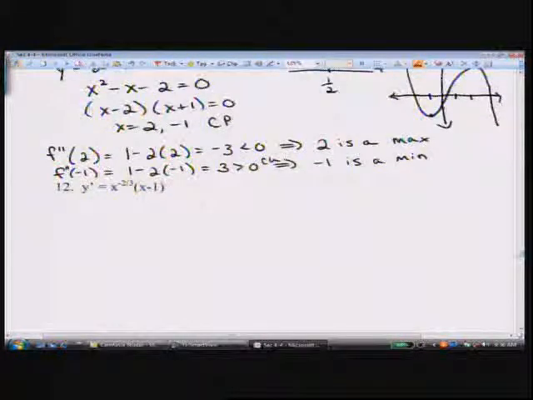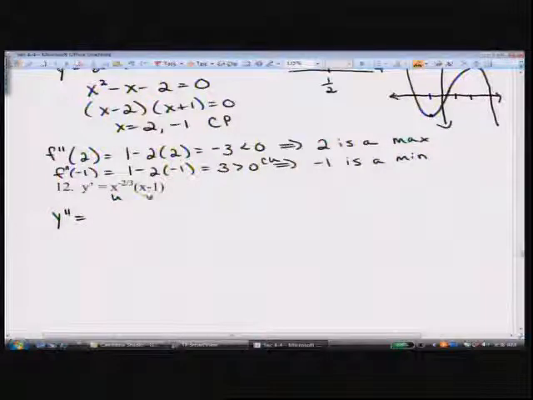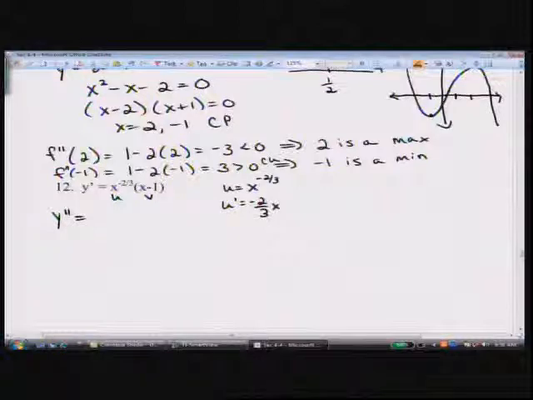Number 12 is also a thrilling problem. Let's find the second derivative. We'll have a quotient rule here. This will be my u, this will be my v. U is equal to x to the -2/3, so u prime is going to be -2/3 x to the -2/3 minus 1, which is -5/3.